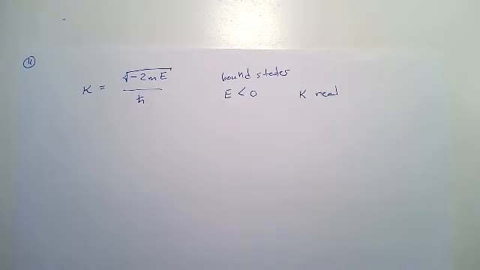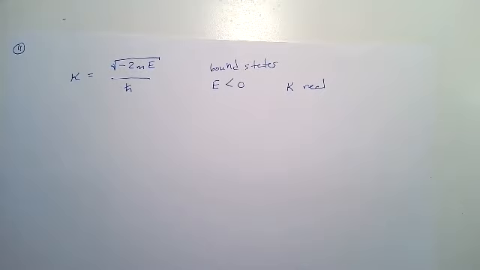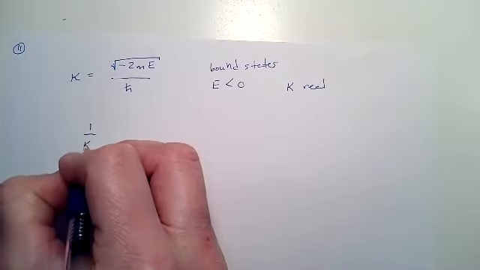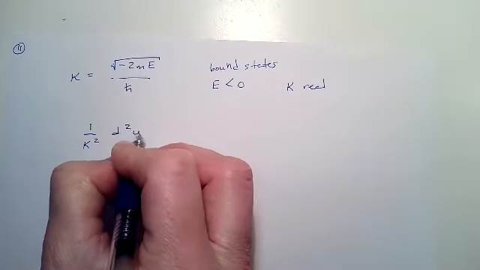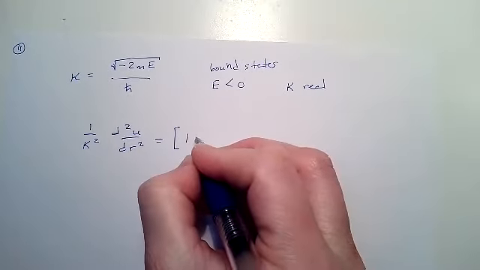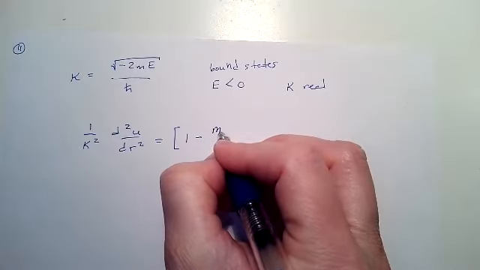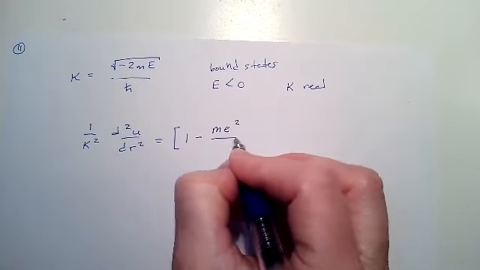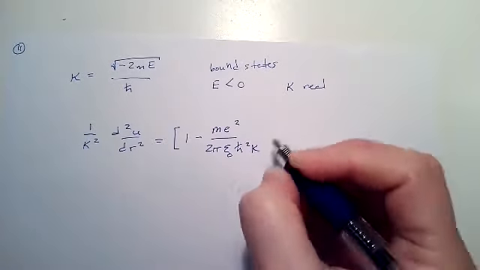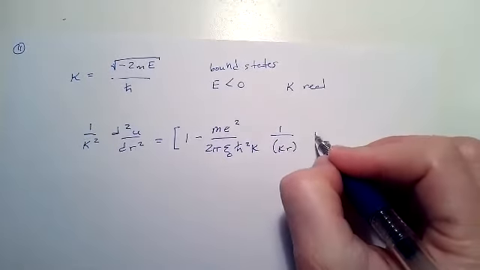Okay, so that simplification is going to allow us to take our previous Schrodinger equation and divide it by E. And so our Schrodinger equation becomes 1 over kappa squared times our second derivative with respect to r. And then on the other side, 1 minus me squared over 2 pi epsilon naught h bar squared, our kappa, and then 1 over kappa times r.